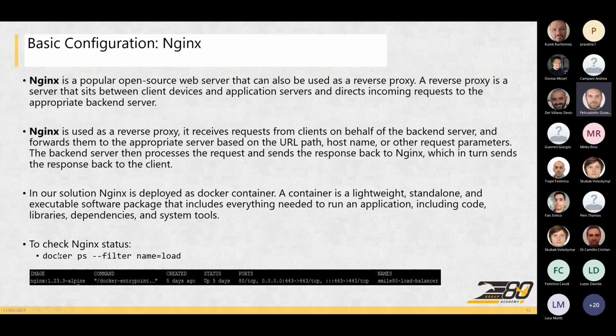In this slide, we can see one of the most common commands to check the status of a Docker container, docker ps. In this case, we have docker ps filtered on the name of the container, and in the image column we can see the name of the image used to run the container.